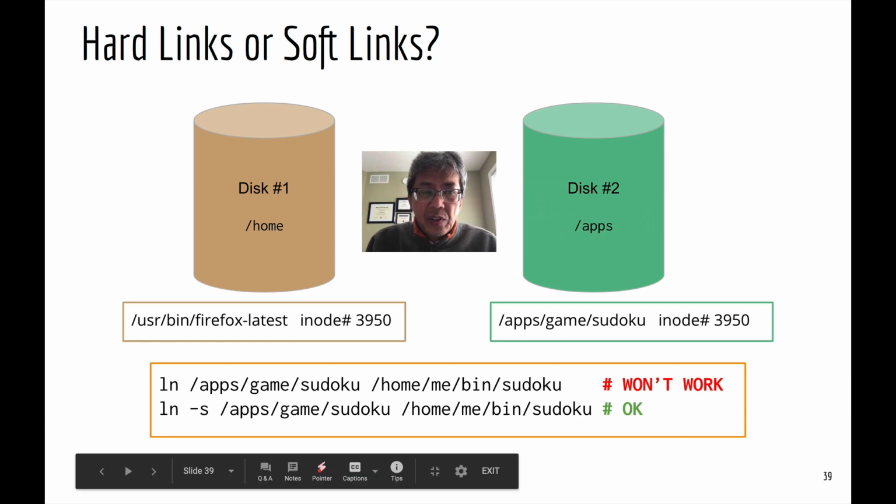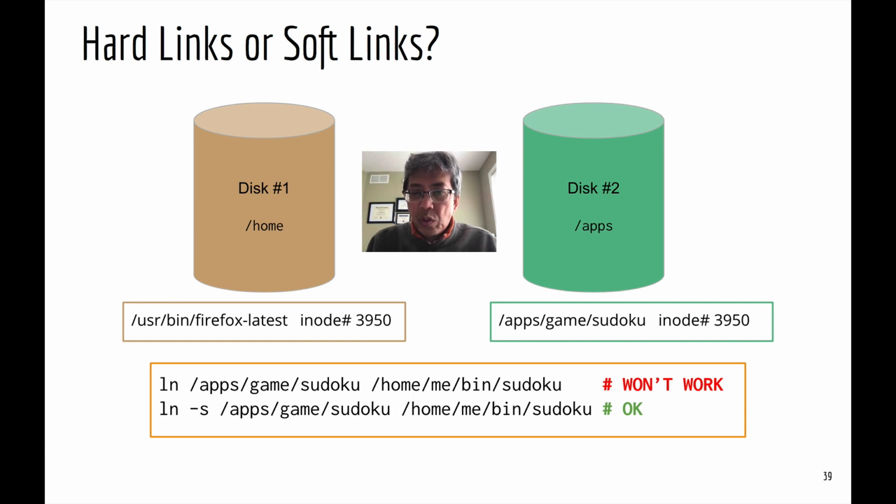What happens if you want to create a link to your favorite game, Sudoku, and let's say the Sudoku game is installed in the second hard drive at this location, apps game Sudoku, and the inode number for that file is inode 3950. Remember, a hard link will just make a new entry in the first drive by copying the inode from the source file.